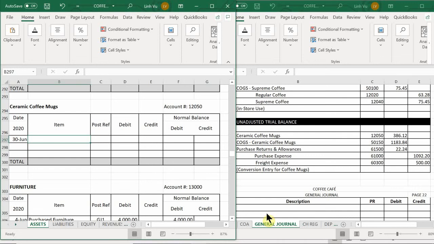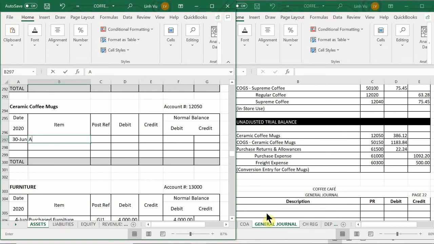What do you want to say here? Could we just put like ending balance or June ending balance? You could do that.